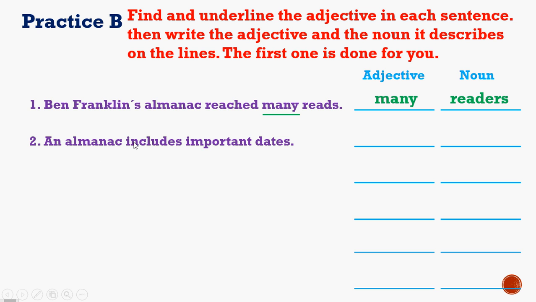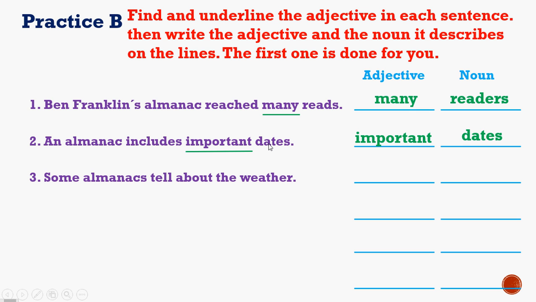Aquí tenemos almanac y tenemos dates. Pero almanac no, porque nadie me está diciendo nada de él. Pero de dates sí, me están diciendo que son importantes. O sea que el adjetivo aquí es importantes or important. Y el sustantivo or noun it's dates.